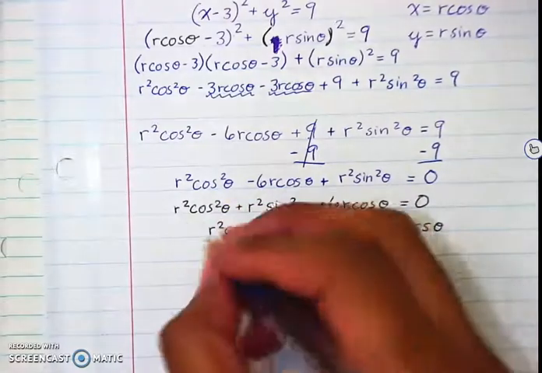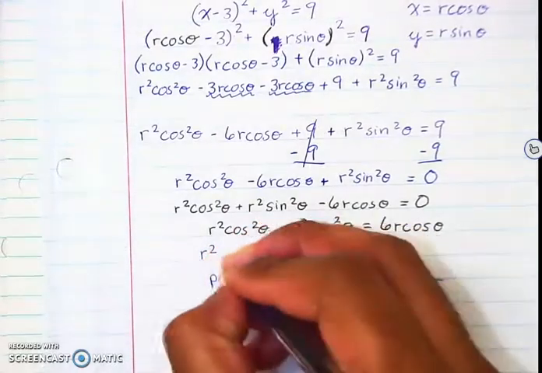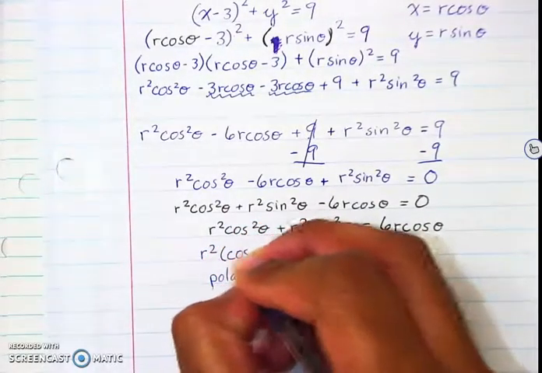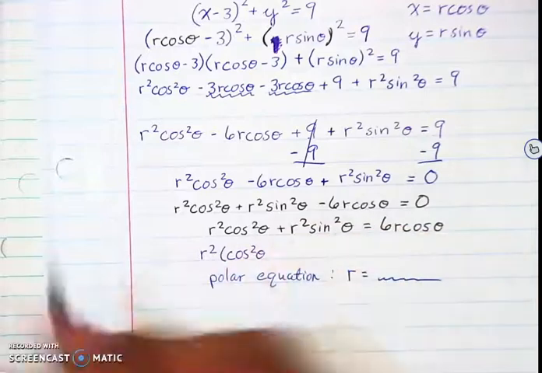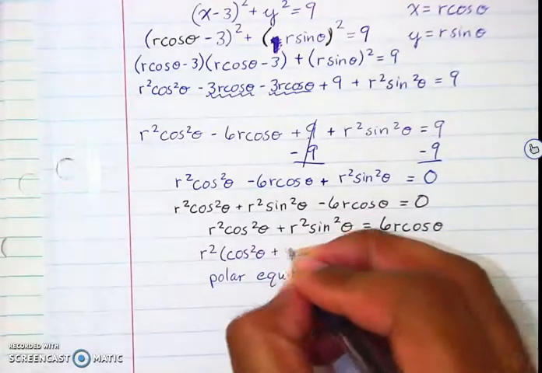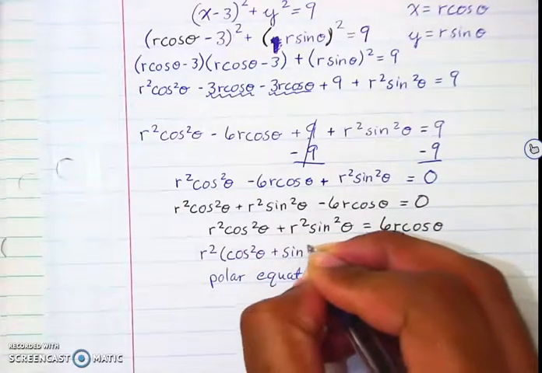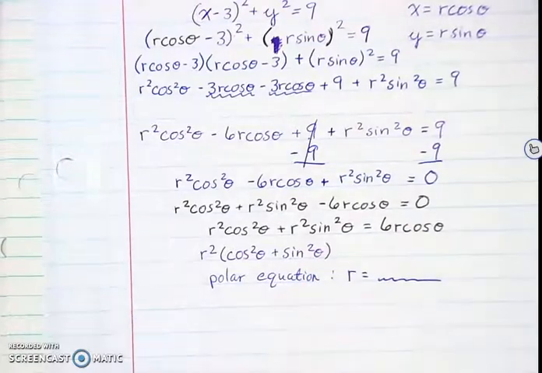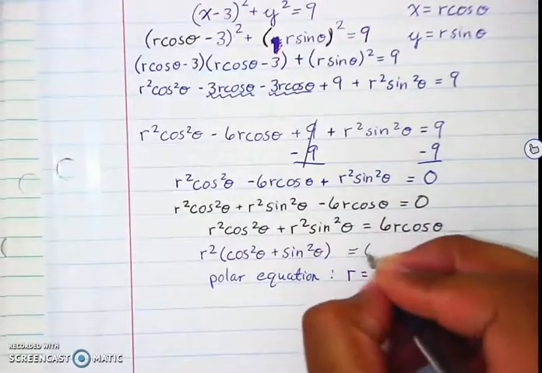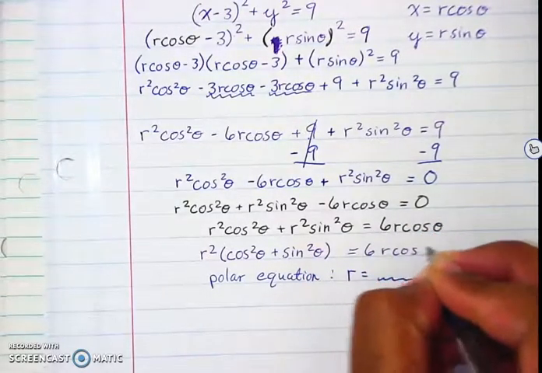So if we factor out that r squared, it gives us back the cosine squared plus sine squared. That equals 6r cosine theta.